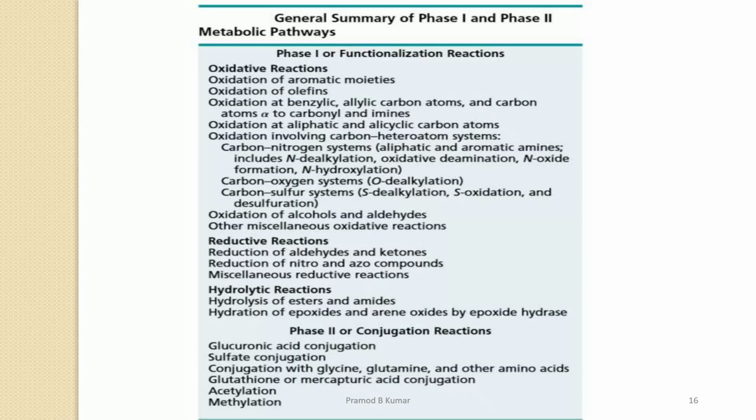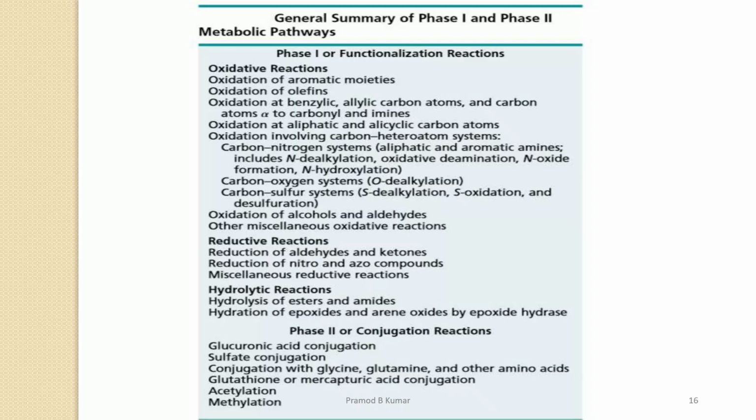Let's look at some of the general processes which occur during the phase 1 and phase 2 metabolic pathways. Phase 1 is a functionalization reaction, so one functional group gets converted into another, and in doing so the compound becomes more polar. Reactions involved in phase 1 are oxidation, reduction, and hydrolytic reactions.